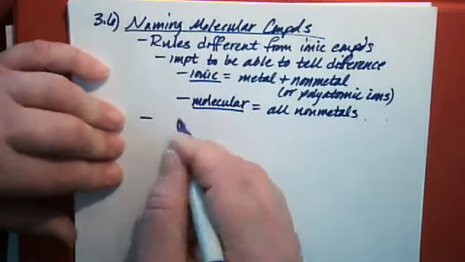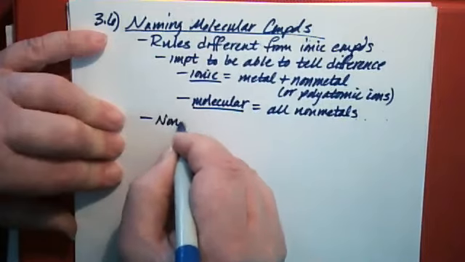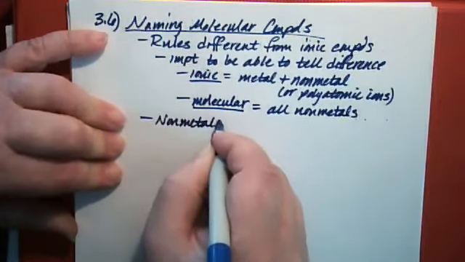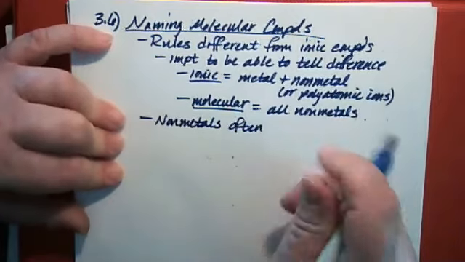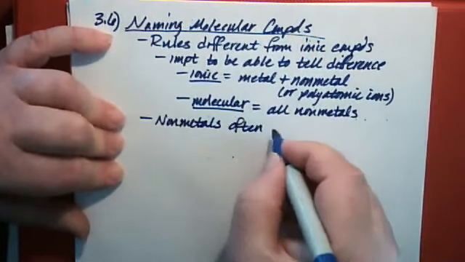Part of the problem with naming molecular compounds is that nonmetals can often combine with each other in multiple ratios.